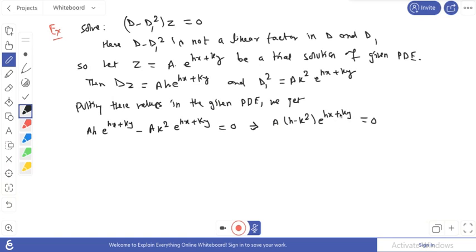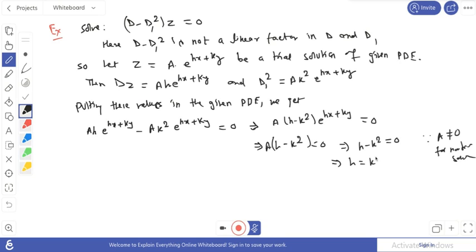Okay, so here this is an exponential term, this is never 0 for any value of x and y. So this implies you can write here a into (h minus k square), that equals to 0. If a equals to 0, so z equals to 0, this is a trivial solution. So here this implies h minus k square equals to 0, since a is not equal to 0 for a non-trivial solution. Okay, so this implies you get h equals to k square.